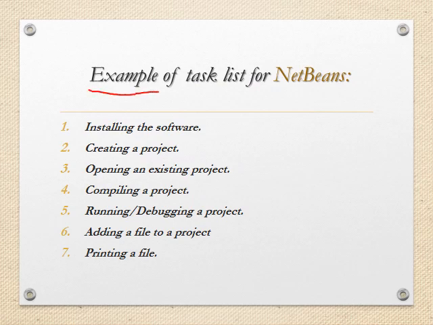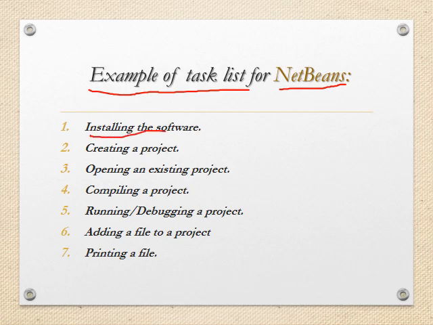Example of a task list for the NetBeans application or software. If we think about NetBeans, what kind of tasks do we use in general as students or as academic people?